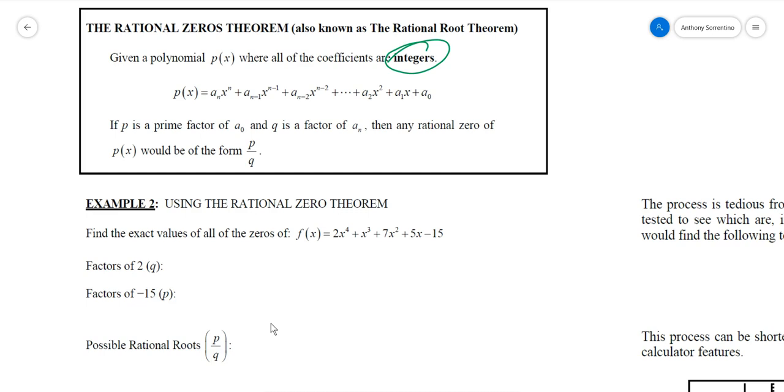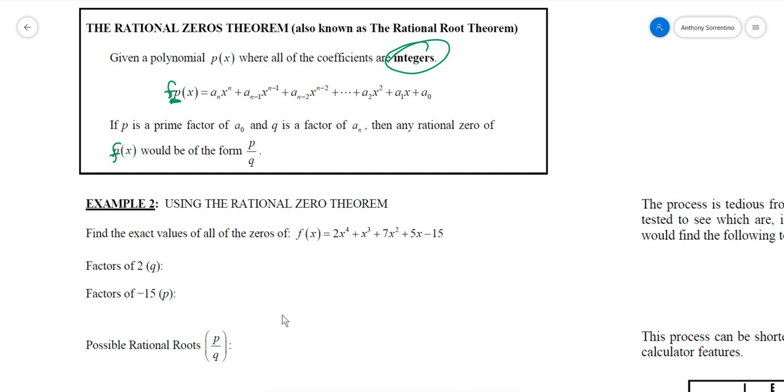If p is a prime factor of a sub 0, and q, now again, they're not assuming this p out here, they're assuming this is a different constant. They probably should have put this in terms of f to make it more clear. I don't want you getting confused that this p and this p represent the same thing. They don't.